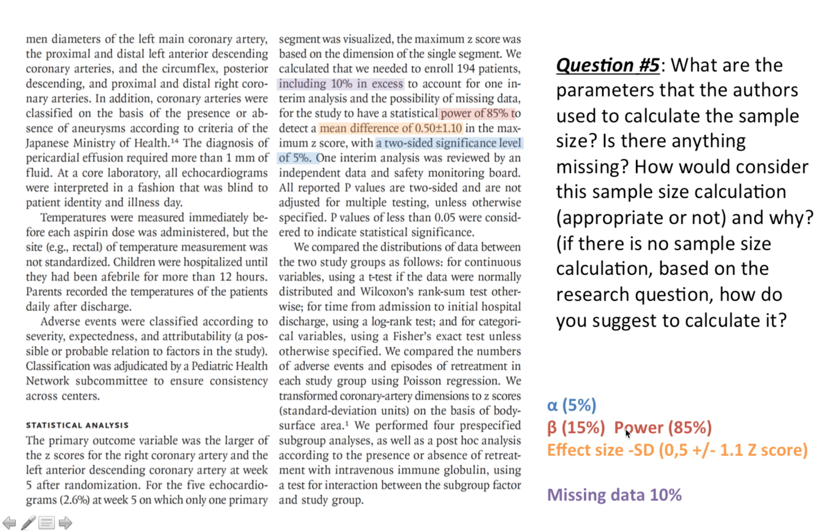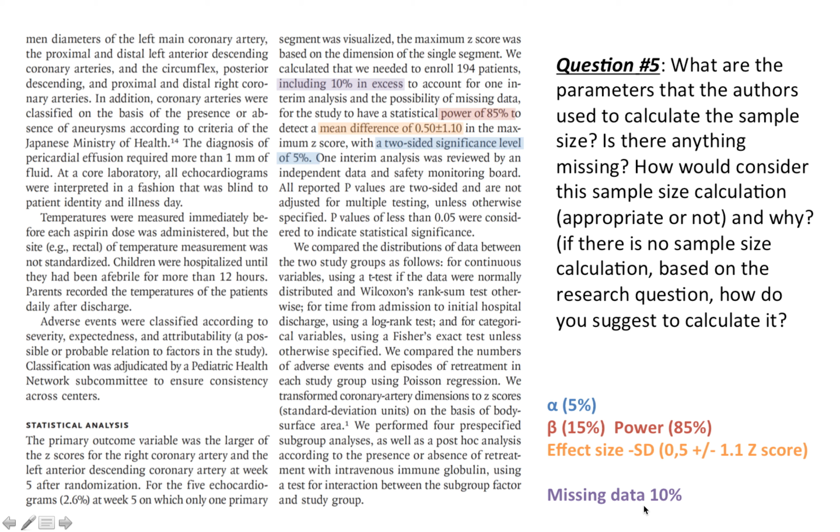It doesn't say the beta, but you can calculate it once you know the power, so beta must have been 15%. The effect size and standard deviation are here in orange. And all of these, alpha, beta, power, effect size, and standard deviation, because it was a continuous variable, are mandatory, or the ingredients to calculate the sample size.